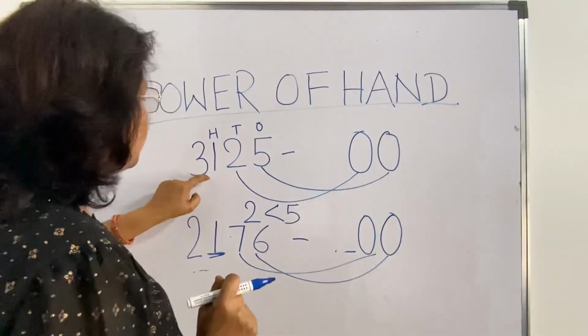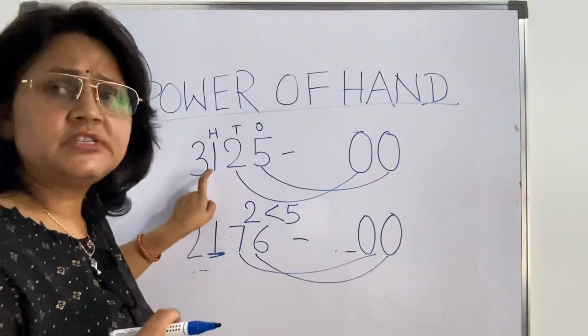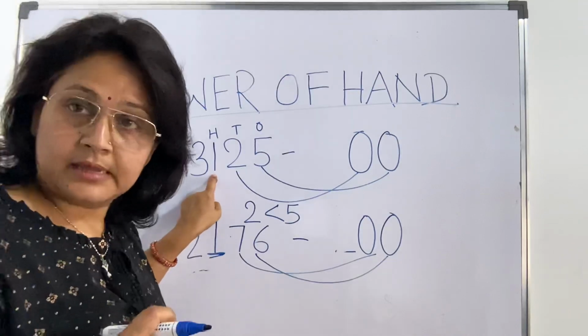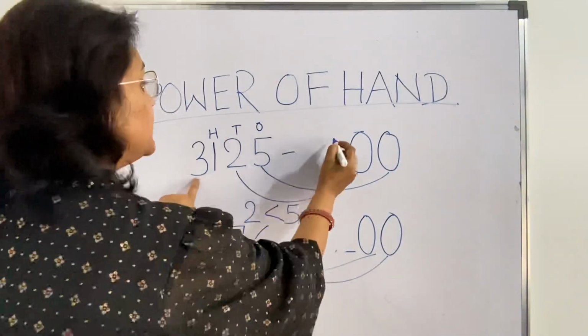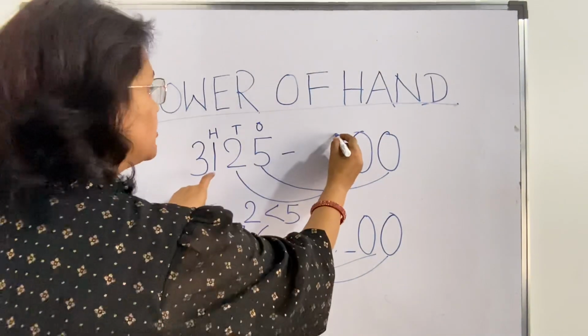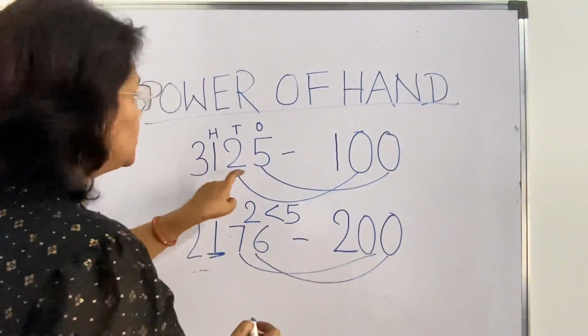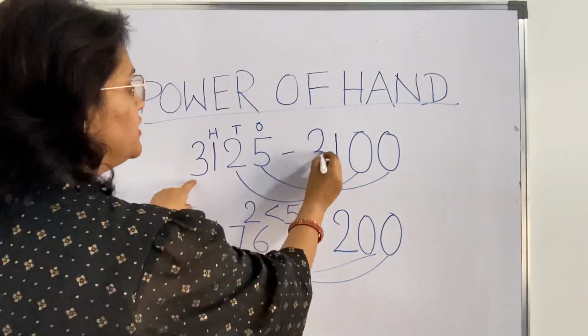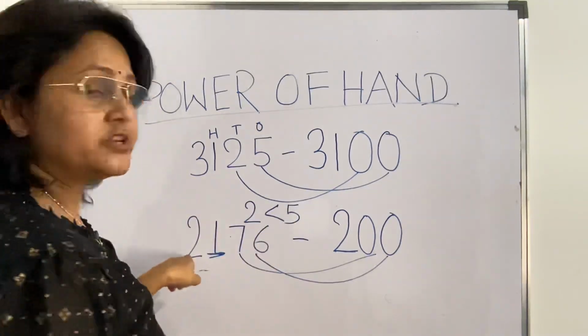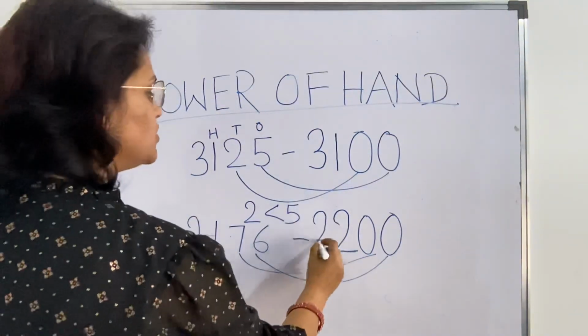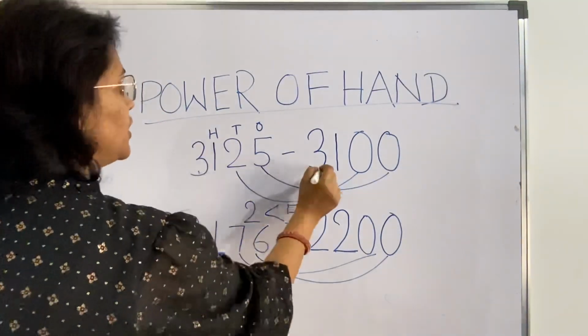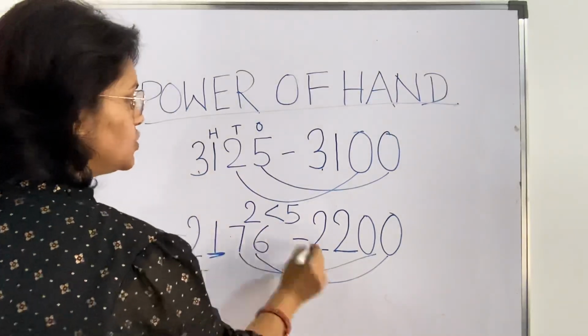Why? Because the digit considered is just till the hundreds place. The thousands place will be written as such. So here the number I wrote 1 because of 2, here I wrote 2, and the number which follows will be 3, and the number here will be just 2. So these numbers are just copied.